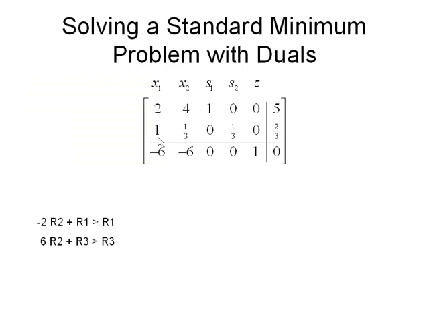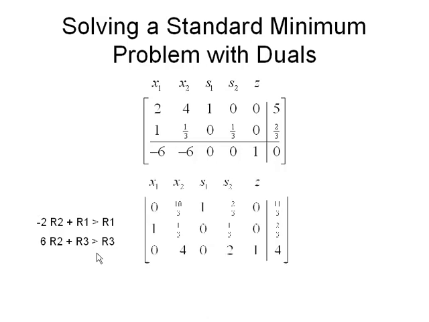So I've written that up here on top, and now we need to put the zeros above and below the pivot. I'll need to take -2 times row 2 and add it to row 1. I'll need to take 6 times row 2 and add it to row 3. So here's my recipe down here below.